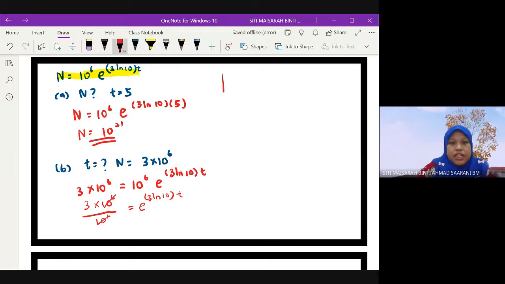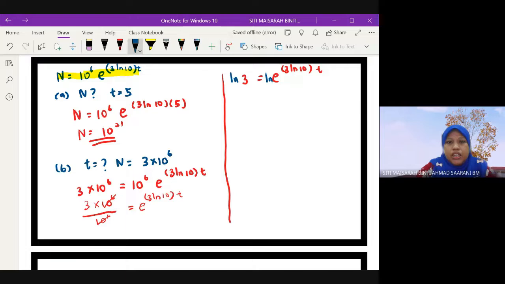So dia akan jadi 3 equals to E3 ln 10 T, after kita cancel kan. So then kita nak hilangkan E, kita ln both side.